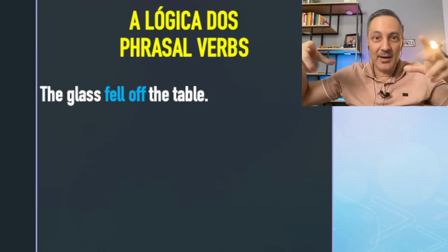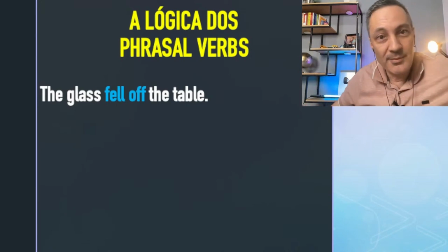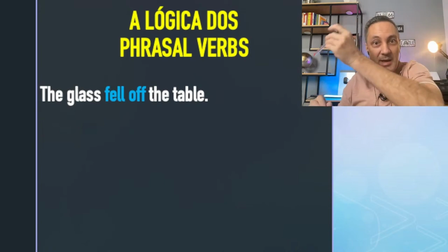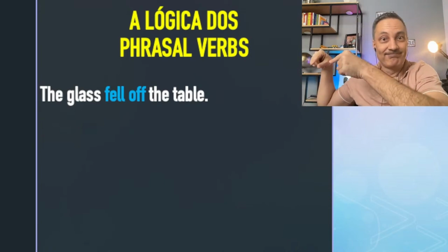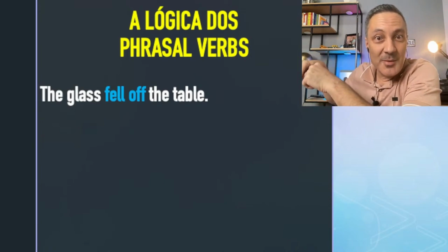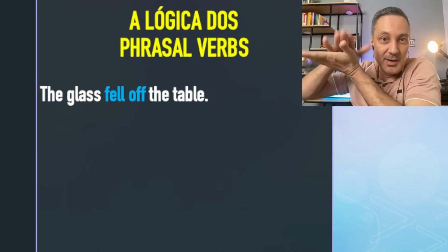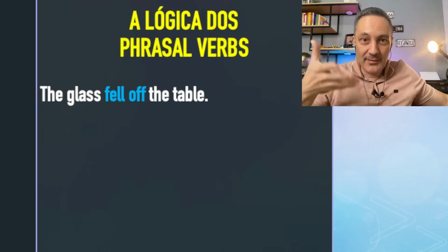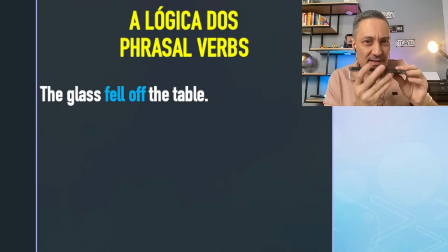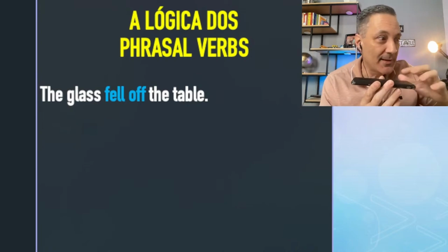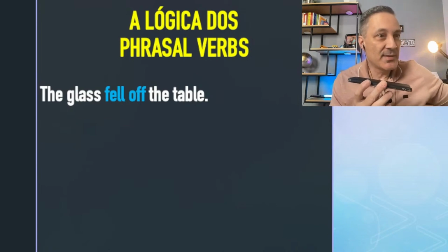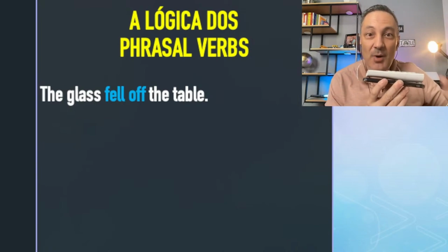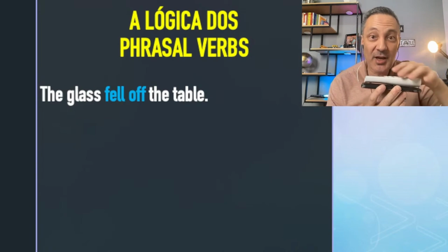I have a pen, for example, okay? If I drop this pen here, you hear that? Now the pen is on the floor, okay? Because it's in contact with the surface of the floor. I have my table here, so let's suppose this is my desk, and there is a glass on top of my desk.